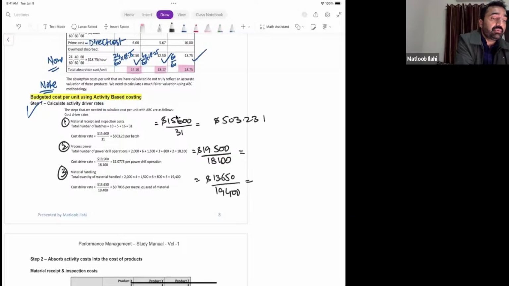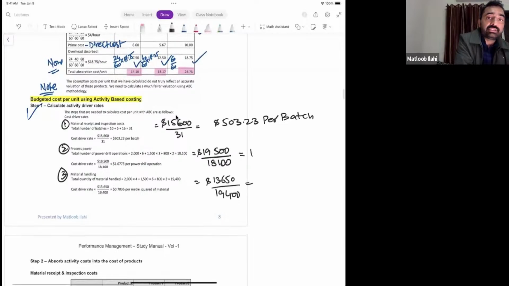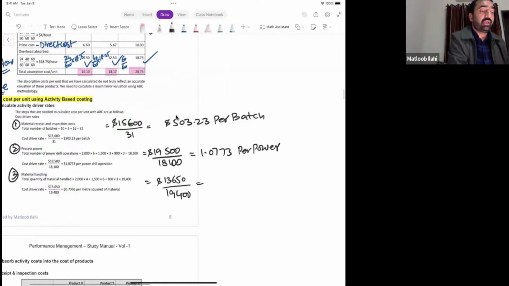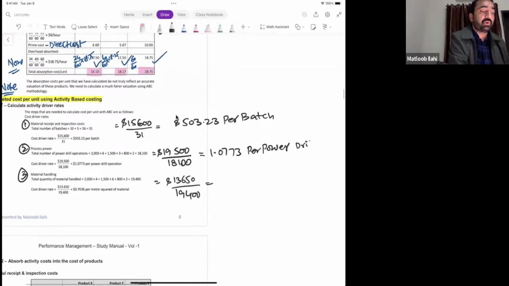So the driver rates are 503.23 per batch. Next is 1.0773. You can use 3 digits or a maximum of 4 digits after the point, okay? 1.0773 per power drill operation.